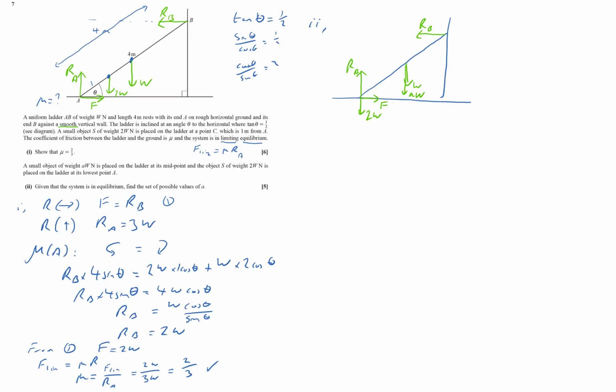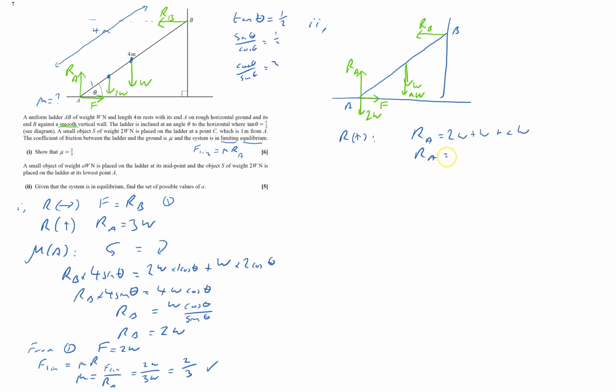Again, if I'm not sure about what I'm going to do, I'm just going to resolve in both directions and then take moments. So to start with, I'll resolve upwards, and I get RA equals 2W there, plus W, plus AW.